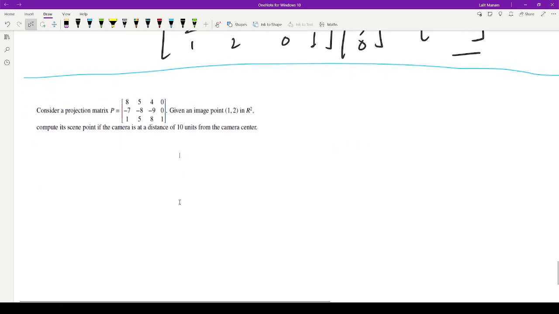So again, we are given a projection matrix and an image point 1, 2 in R2. Compute its scene point, that means we need to compute the 3D point, if the point is at a distance of 10 units from the camera center.